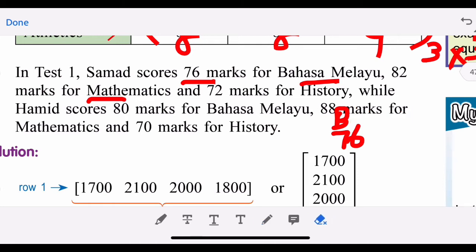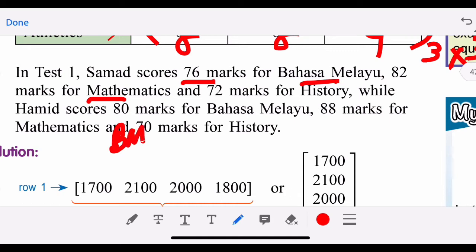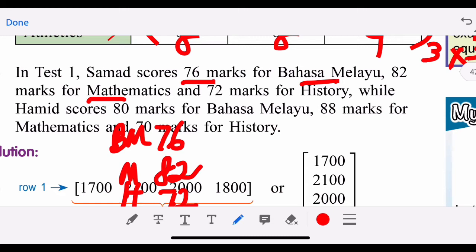So we write in order first. So that means for Bahasa Melayu is 76, for Maths is 82, so higher, and history 72 again. Wow, Hamid, we have Samad and Hamid, right?